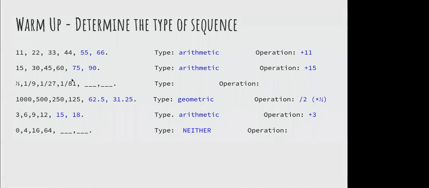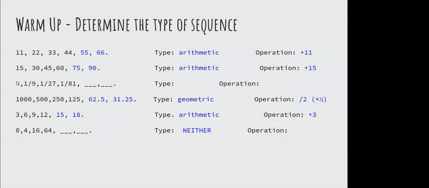So now, ladies and gentlemen, let us look at the fraction that nobody wanted to touch. First of all, look at which portion of the fraction is changing. So you have 1/3, 1/9, 1/27, 1/81.